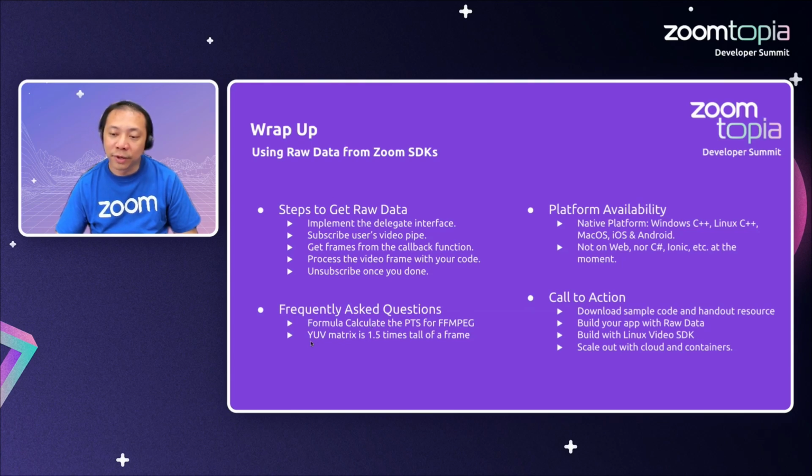Another interesting topic is about the YUV matrix we just introduced, which is actually 1.5 times the height of a frame. You need to note that if you want the YUV matrix, you need to take extra space from the frame buffer. But depending on the application, you may not need a full frame of YUV.